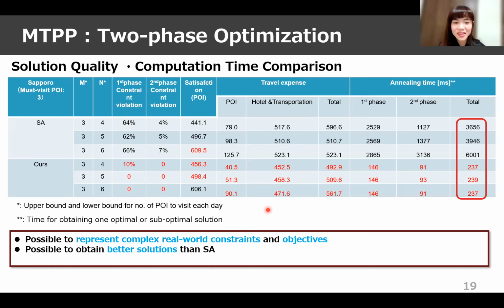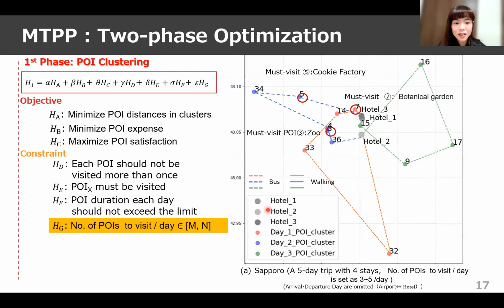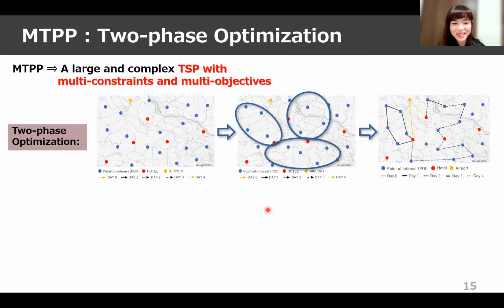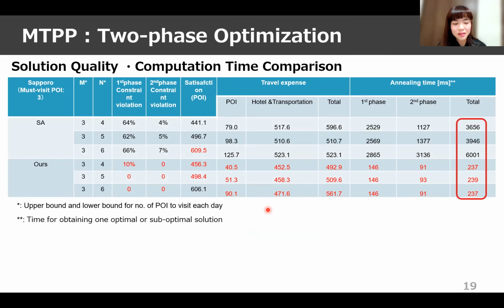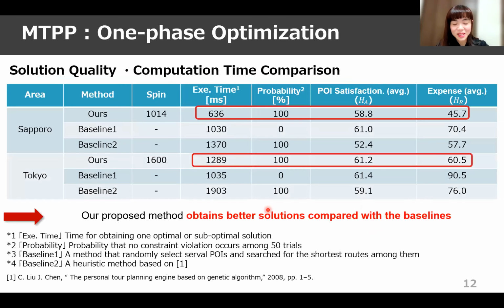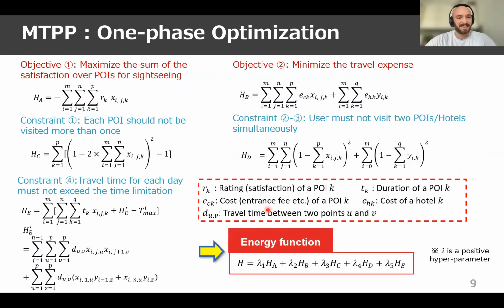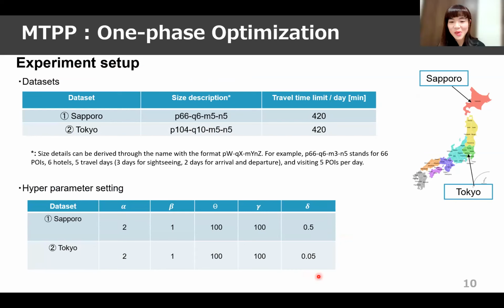Okay, so sorry, I missed the slide here. For this one, the reason why I set them to be different is that the duration time in Tokyo is a little bit longer than the duration of POIs in Sapporo.